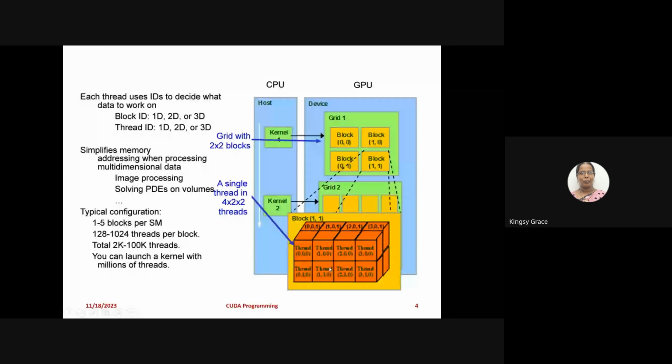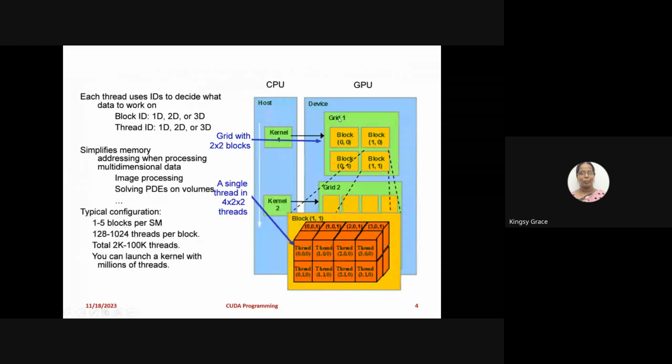So likewise, it goes on. And here, your blocks may be one dimensional, two dimensional, or three dimensional. Okay, so that has to be represented by the programmers. And also the thread may be 1D, that is one dimensional, or two dimensional, or three dimensional.